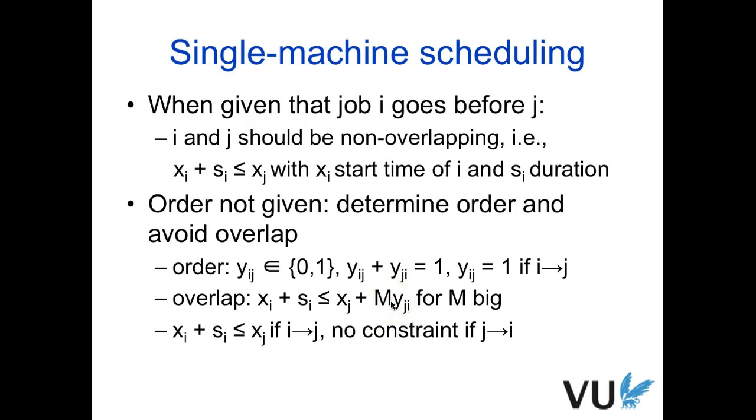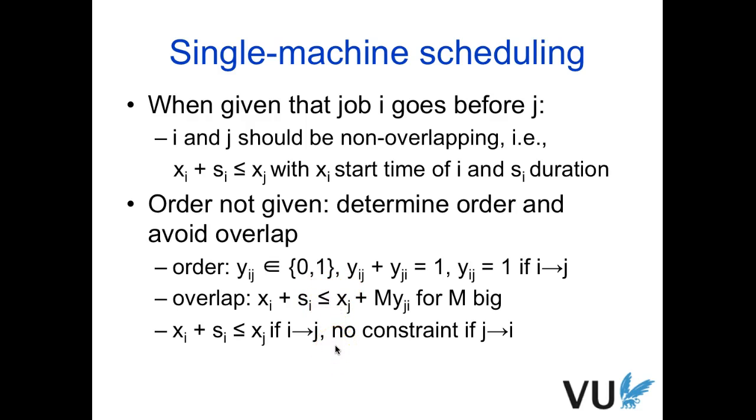On the other hand, the other constraint, because of y_ji being 1 when j does not go before i, this number becomes very big, and then this right hand side becomes very big, and then this constraint is always satisfied.